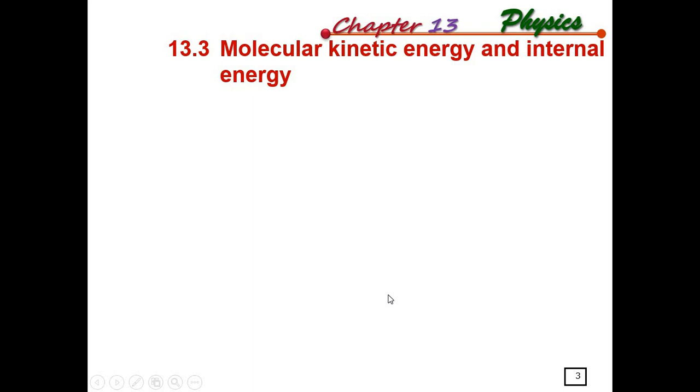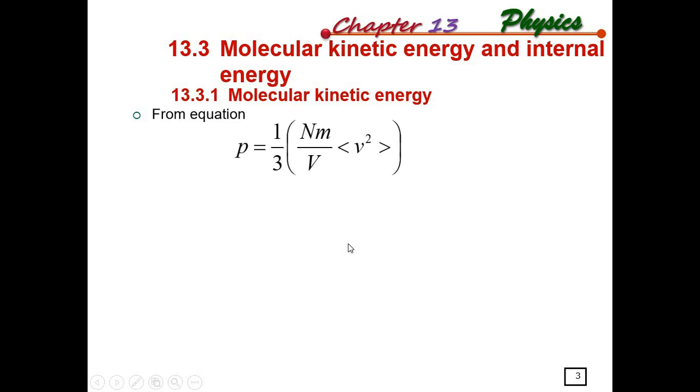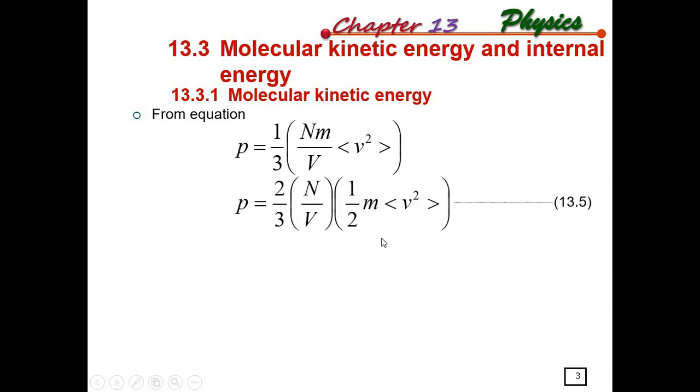13.3 Molecular kinetic energy and internal energy. Look at the molecular kinetic energy. From the equation P equals 1/3 times N m over V times the mean squared velocity, then rearranging the formula, we will have the pressure P equals 2/3 times N over V times 1/2 m times the mean squared velocity.